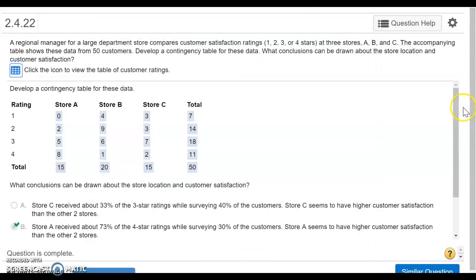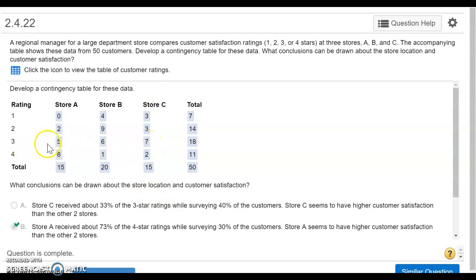Now, the second part is you have to be extremely careful when you're reading this. It says, what conclusion can be drawn about the store location and customer satisfaction? Store C received about 33% of the 3-star ratings. So let's look at store C, and then let's look at the 3-star ratings.